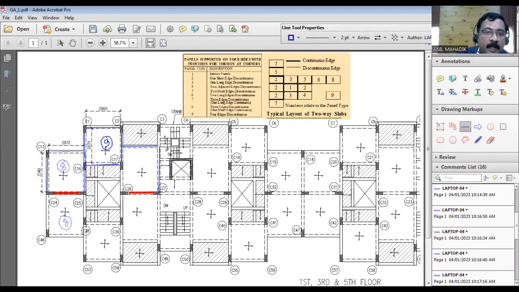And here there is a sunk and there is a duct, so there is no slab over here. So it is discontinuous. We know that this is a short edge, so this is similar to case 8. You can see here, the short edge is continuous, others are discontinuous. So it will be case number 8.